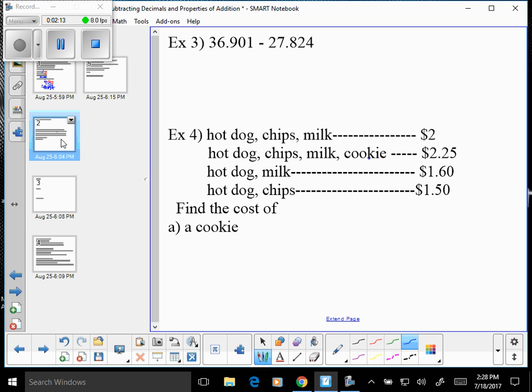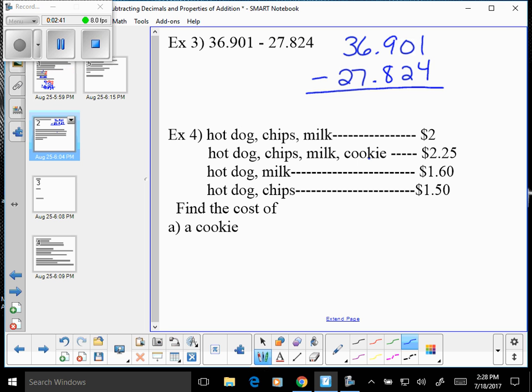Subtraction works very much the same way. We're going to take 36.901 and subtract 27.824. Now in this problem, we already have 3 decimal places after the decimal point, so we don't have to add any extra zeros. But if you'll notice, I can't take 1 minus 4 in this type of problem setting, nor can I take 0 minus 2.